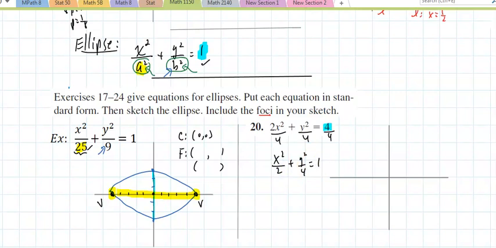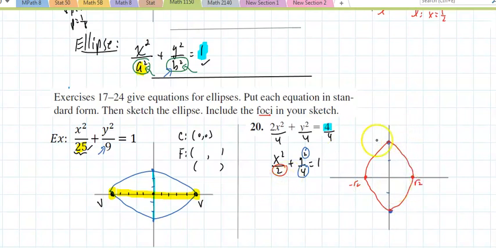Now, if I look at this, okay, what do you square to get a 4? A 2. This is 1, this is 2, along the y because it's underneath y. This is not a perfect square. If I was to say, what do you square to get 2? Radical 2. Well, radical 2 is 1 point something. That's okay. If it's not an integer, I suggest you label it. And the graph is right there.